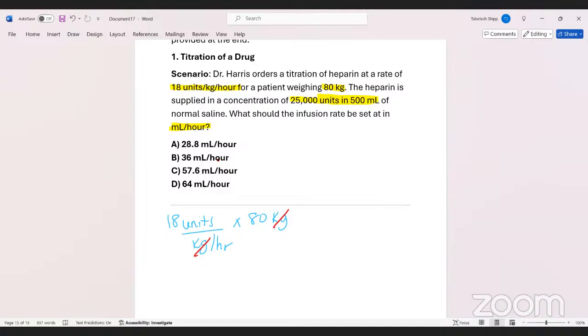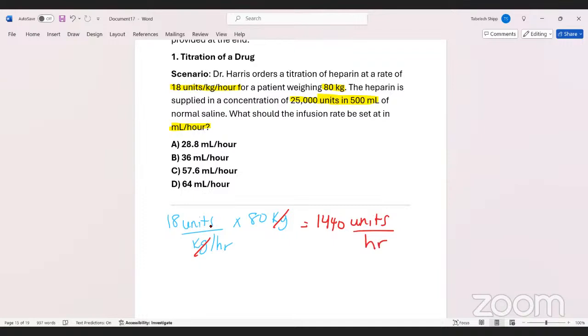Coop says combine those like terms. Okay, so you're going to say 18 times 80, and we get... let's see. Yeah, 1,440. Sorry, 1,440 units per hour. Now, again, this is like a conversion problem too, y'all.